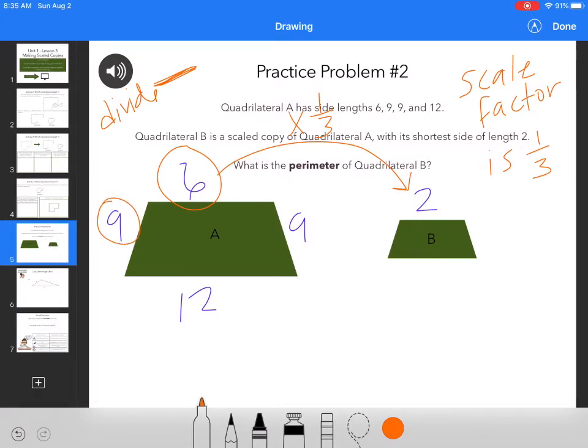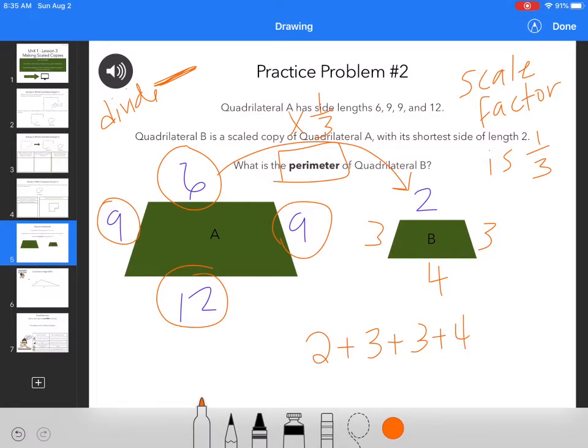So I know 9 times 1/3 is going to be 3. 9 times 1/3 is going to be 3. 12 times 1/3 is going to be 4. So from here, they want perimeter. So I have to add all my sides. So I have a perimeter of 12 units.